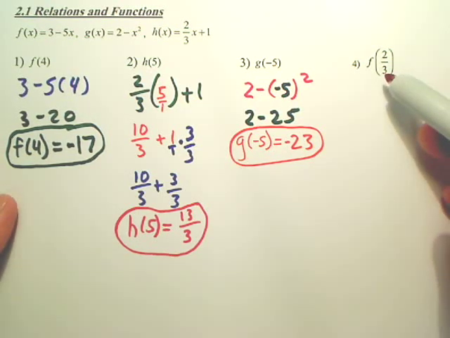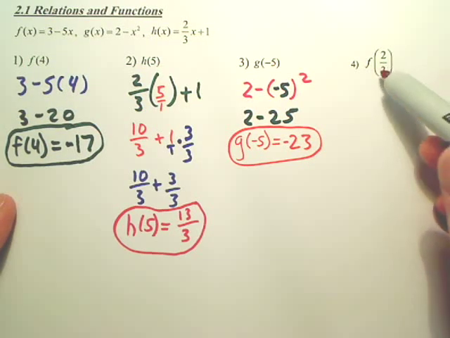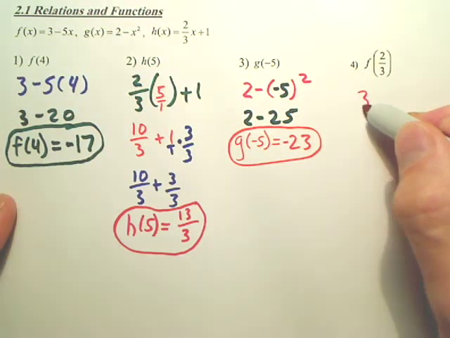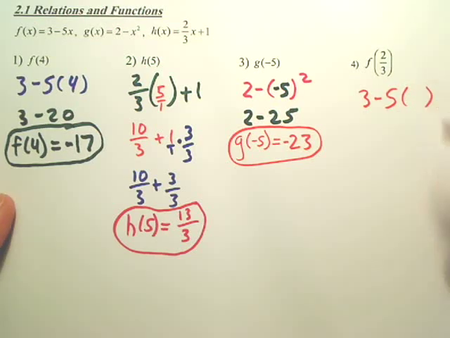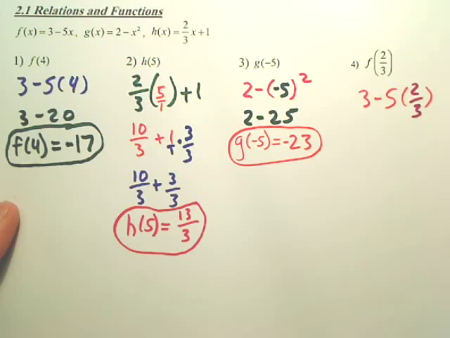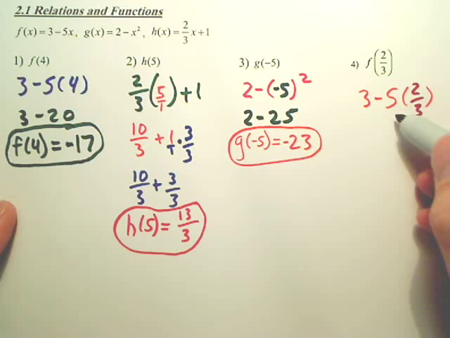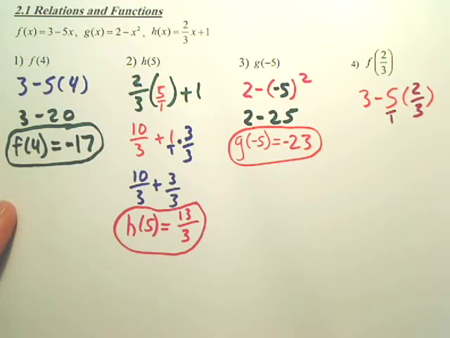Lastly, what function? F. So f is 3 minus 5 times blank. And what am I plugging into the blank? 2/3. Now, let's go over here and put a 1 there.